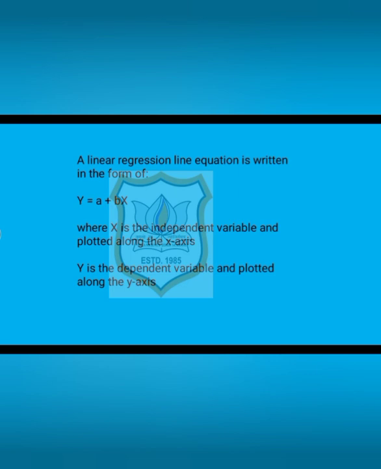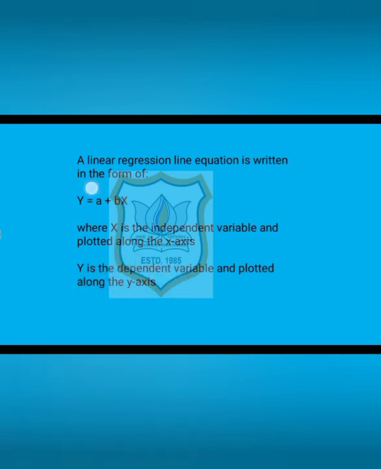In the next method, we obtain an equation of the form y = a + bx. Here x is the independent variable whose value we can choose anything, and that is plotted on the x-axis. y is the dependent variable and it is plotted on the y-axis.